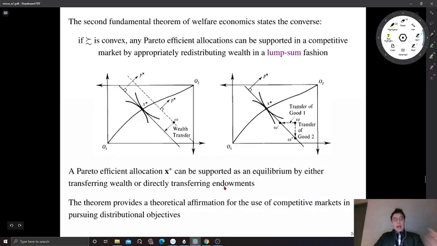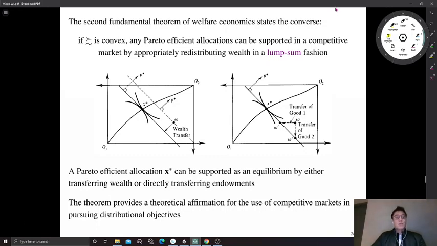All right. And the second welfare theorem is the converse of the first welfare theorem. If the government wants to achieve some efficient allocation, can it be achieved by a competitive market? The answer is yes, but under more restrictive conditions.